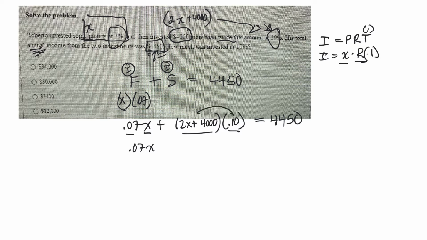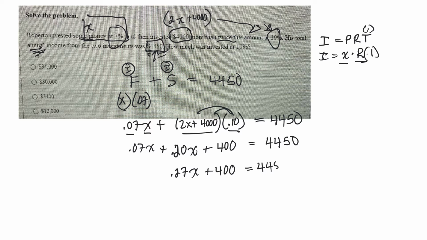Then I'll multiply this in, distributive property. So 0.1 times 2 would be 0.2x plus 0.1 times 4,000 would be 400, equal to 4450. Oh, I need a plus in there. Okay, so if I add those together, 0.07 plus 0.2, that's 0.27x plus 400 equals 4450.